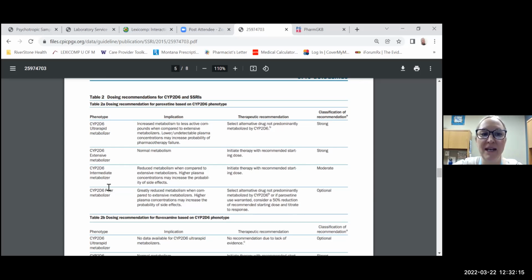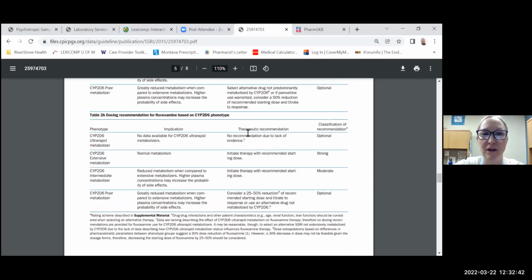And an intermediate or reduced metabolizer might have higher plasma concentrations with increased risk of side effects. There's no adjustment in therapy, except this could account for why patients may have experienced side effects to paroxetine at higher doses, and may warrant just keeping them at a more conservative dose.